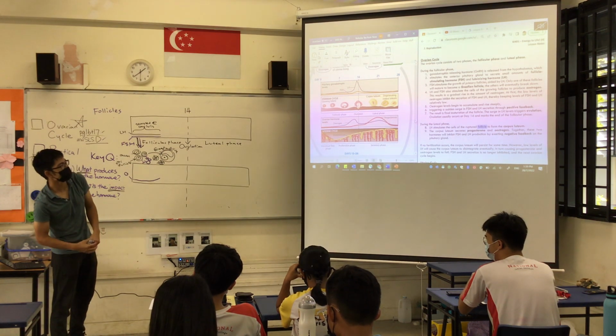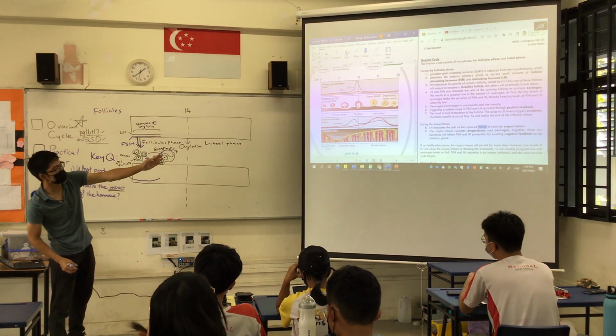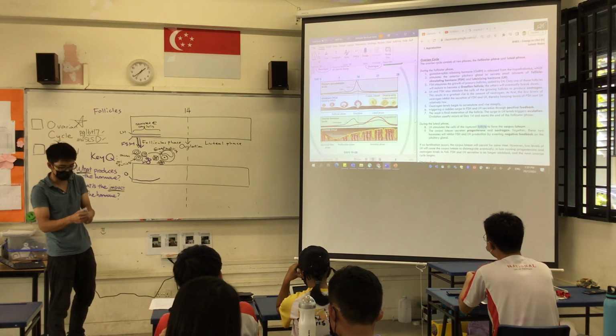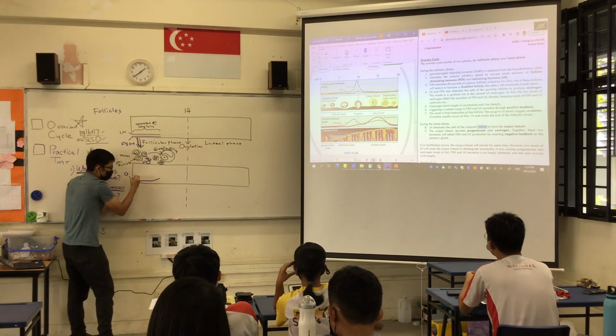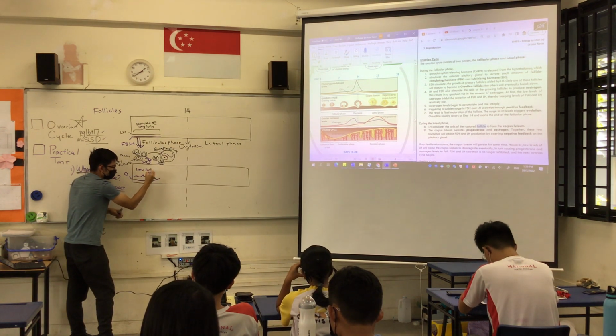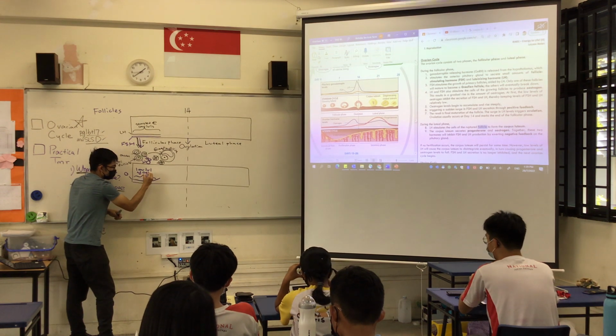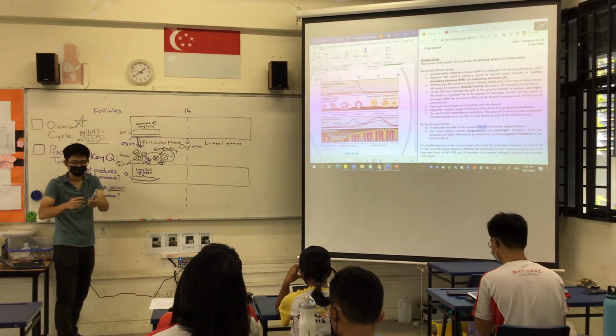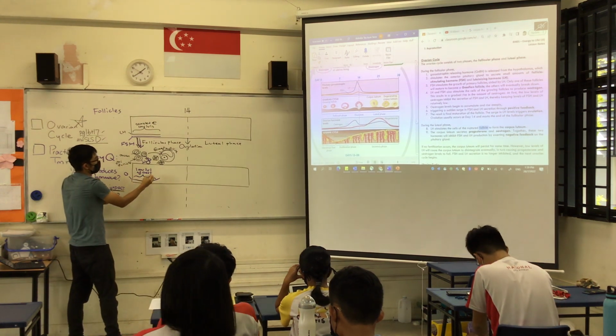Okay, let's look at the next line. It says, at first, the low levels of estrogen inhibit the secretion of FSH and LH. So at this part over here, low level of estrogen, this is its impact.